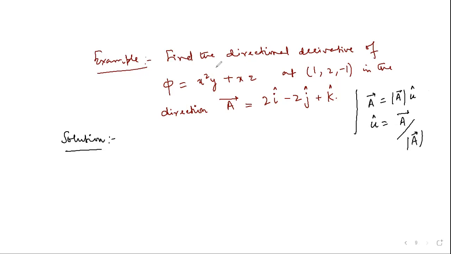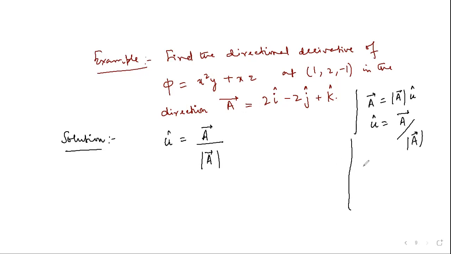So if I'm asked to find the directional derivative in the direction of A, I need to first find the unit vector in the direction of A. So what will be my u cap? It will be vector A divided by magnitude of A. Now how do you find the magnitude of a vector?